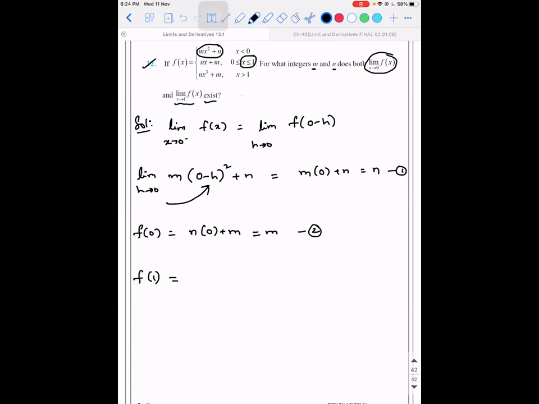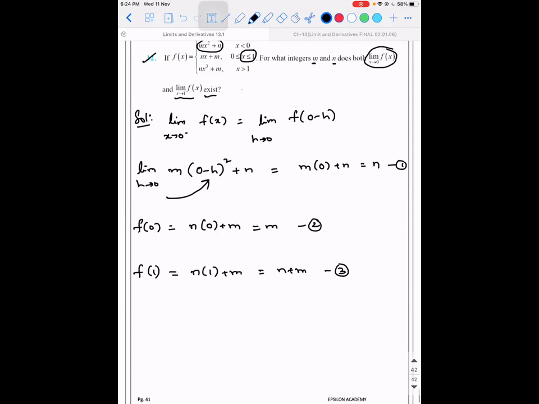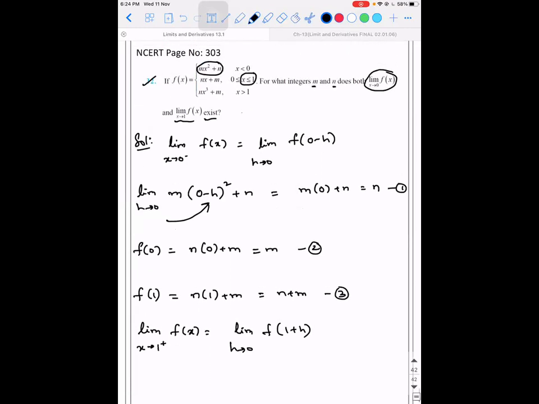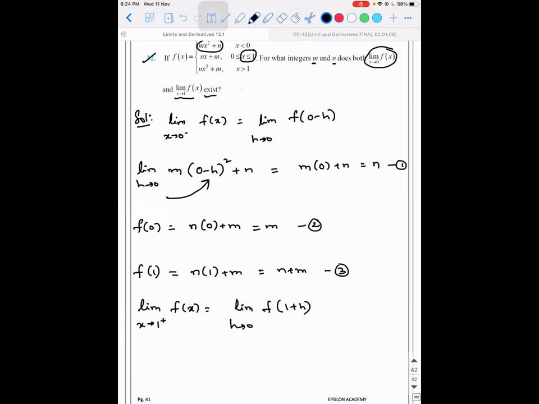Nx plus m, sir. So n into 1 plus m, that is n plus m. Similarly, limit x tends to 1 plus f of x is how much? That is limit h tends to 0, f of 1 plus h. So f of 1 plus h means what should I write? n(1 plus h) the whole cube plus m.